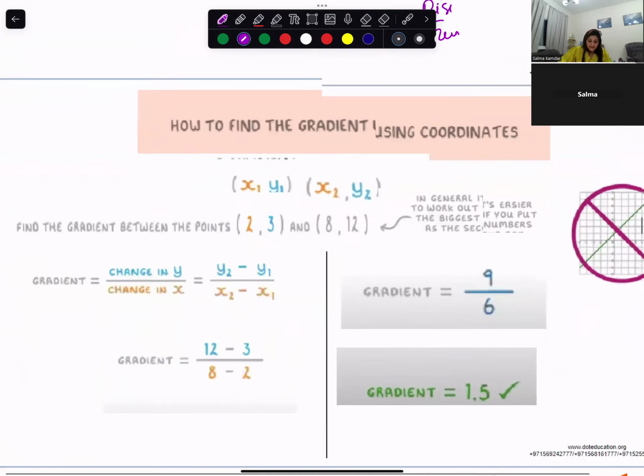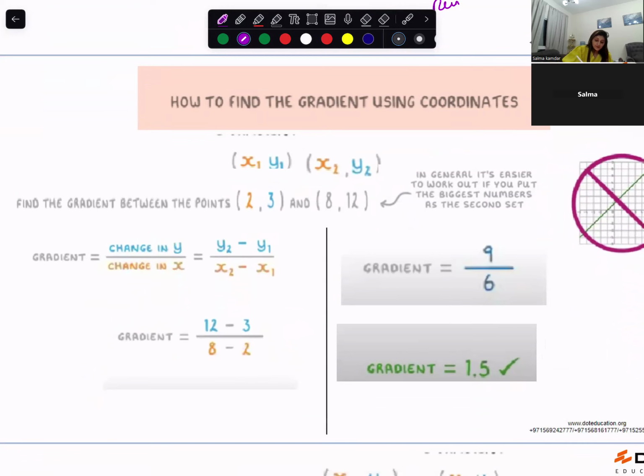So finding gradients using coordinates, you will be given coordinates of 2 points, say A and B. The x coordinate of A is x1, y coordinate of A is y1, x coordinate of B is x2, y coordinate of B is y2. Find the gradient between the points. This is 1 point and this is second point.